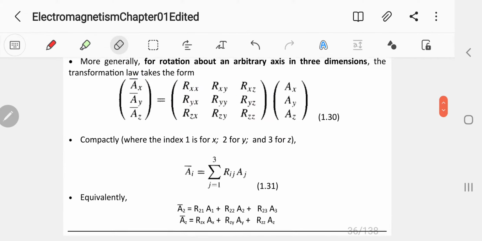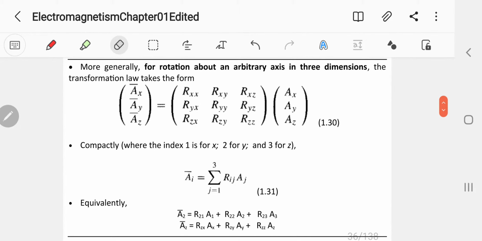If you write that in sigma notation, this is just that one. These are equivalent. So if you say i is equal to x, then this would just be a summation.